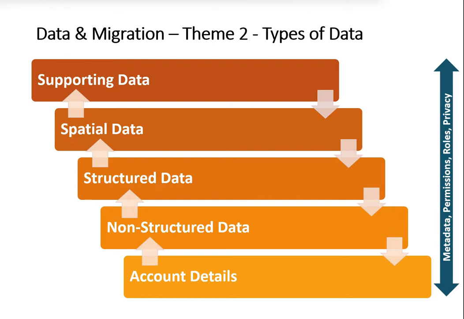flags for suspended accounts. The non-structured data, like documents and emails, whether stored on local drives or records management systems, or mail and archive. Related to all of these are the permissions and the role-based access, privacy, and related considerations in relation to the differing data types.